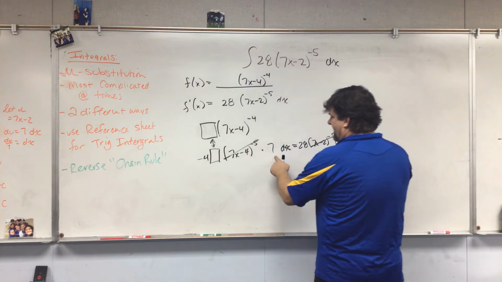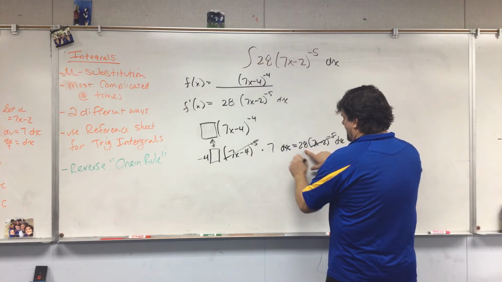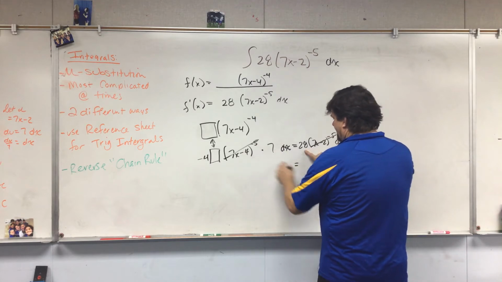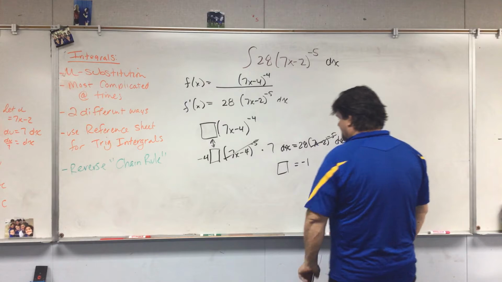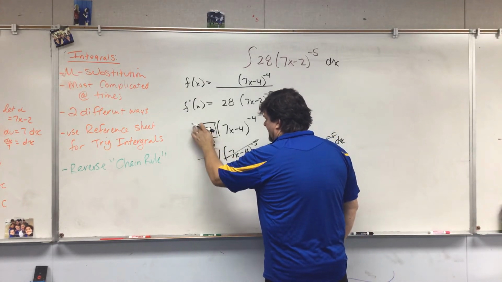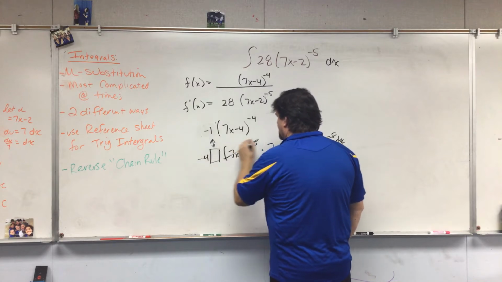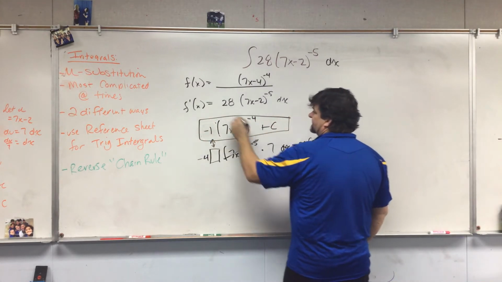Negative 4 times 7 is negative 28. 28 divided by negative 28 is negative 1. So the box is equal to negative 1. So my negative 1 goes here, plus c. There's my f of x.